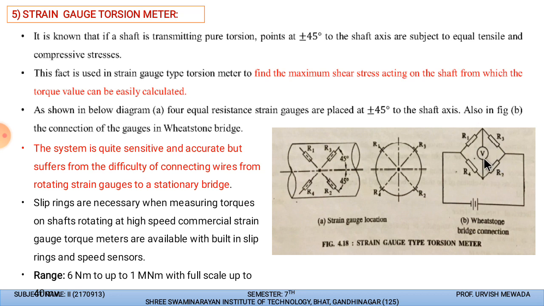So the strain gauge which measures the torsion, we can measure that torsion in terms of electrical output. In the display unit, which is a calibrated unit, this will show the mechanical physical quantity in terms of electrical output with the help of this strain gauge torsion meter.